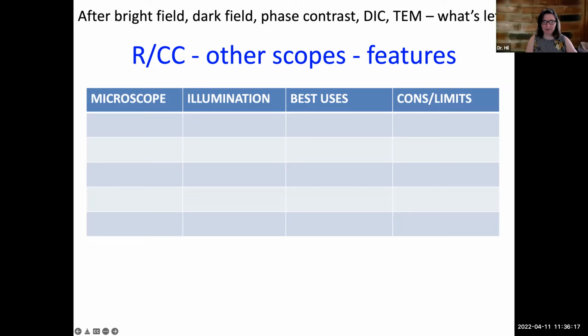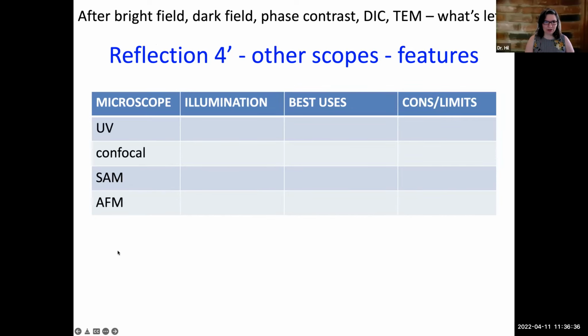Atomic force, scanning acoustic, confocal, also known as laser scanning, fluorescent, yes, also known as UV. Good job.